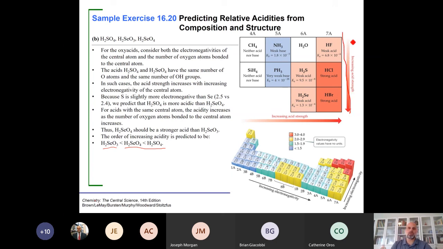When we're working down the periodic table, the strongest of the binary acids is going to be in the bottom right-hand corner of the periodic table. The only ones that are going to be acids are in groups 6 and 7. As soon as we move to group 5, we move into becoming bases anyway.